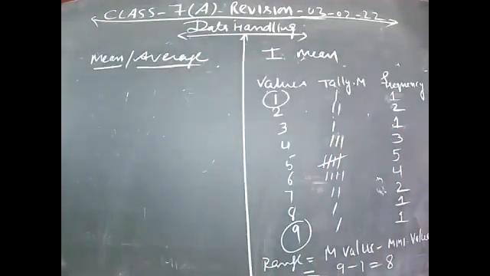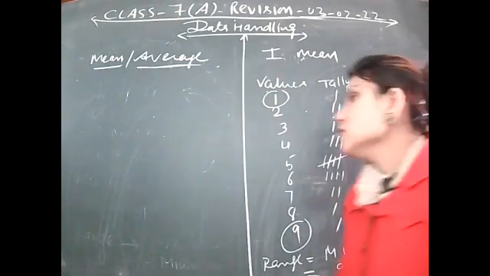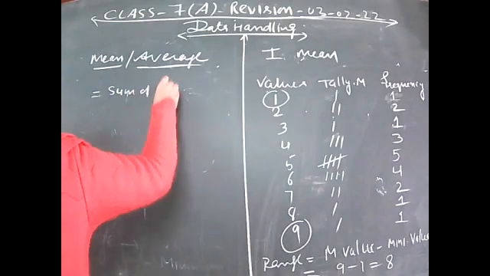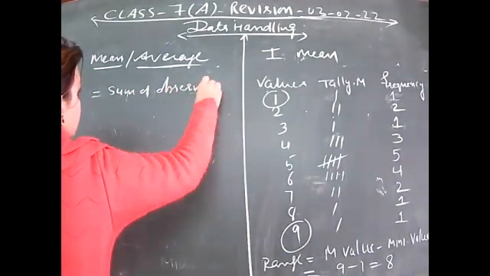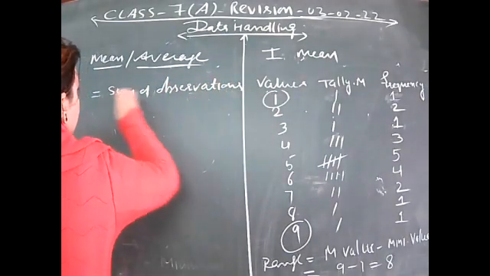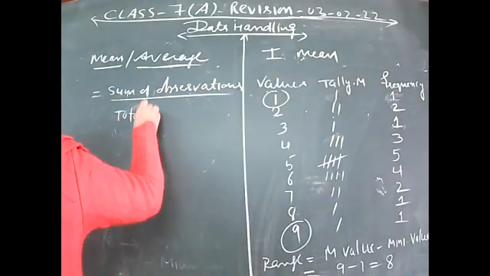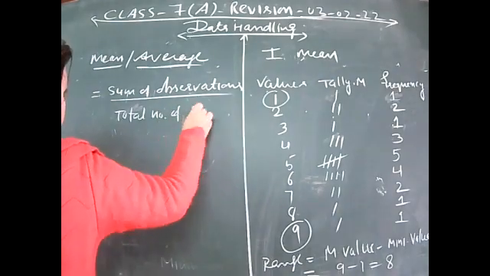So mean of the data is equal to sum of observations upon total number of observations.